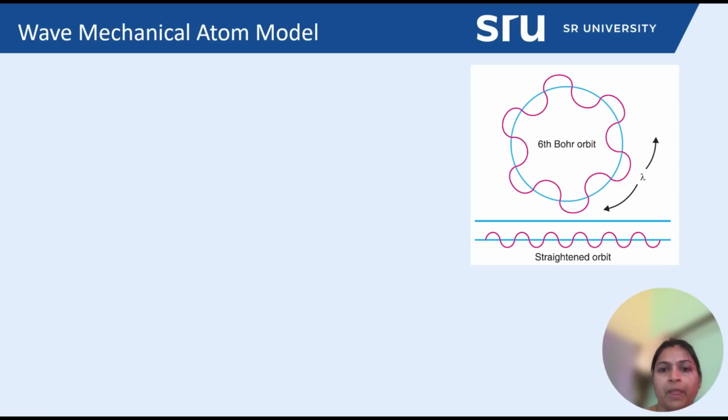So now we will discuss a bit about the wave mechanical atom. From these principles, the most recent development in the theory of atomic structure shows that the Bohr picture of the atom with sharply defined electron orbits is not correct.